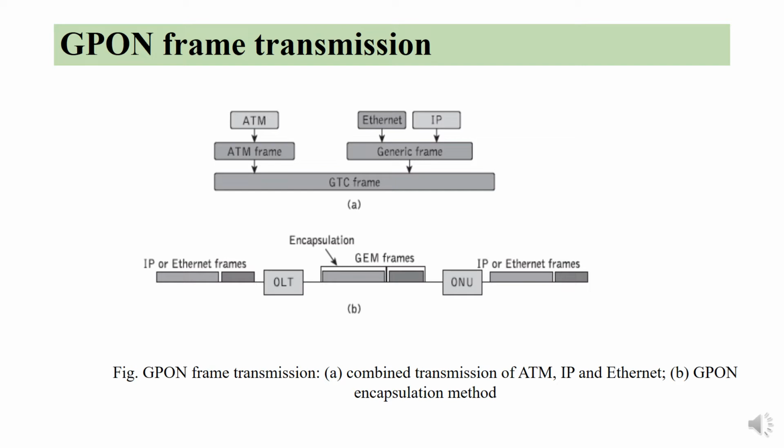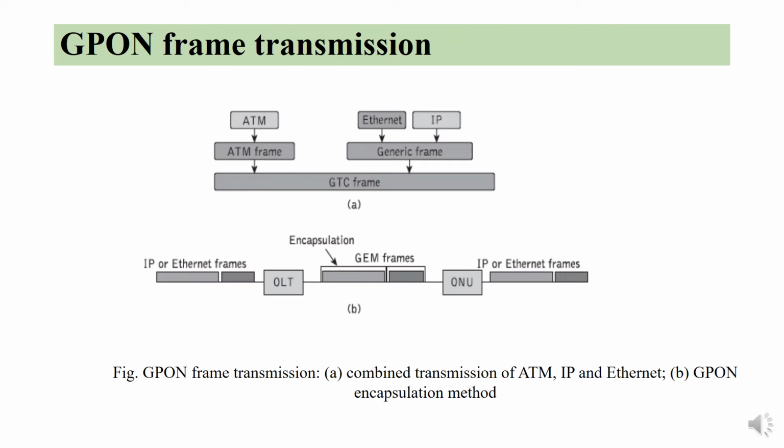ATM traffic is incorporated in the ATM frame, while Ethernet and IP are incorporated in the generic frame, which we call GFP, the generic framing procedure. GFP was basically used in PON to encapsulate SONET frames. Therefore it is also called GFP over PON, or the GPON encapsulation method, GEM.